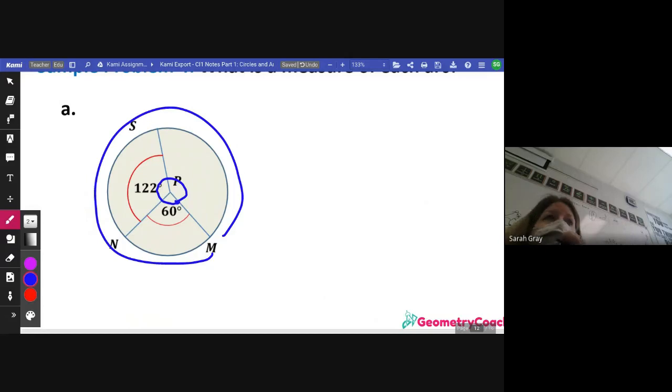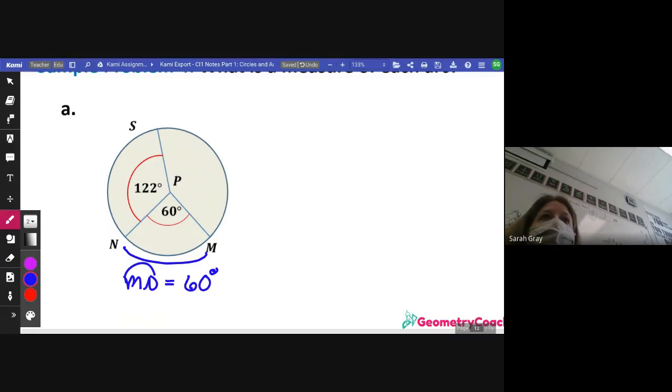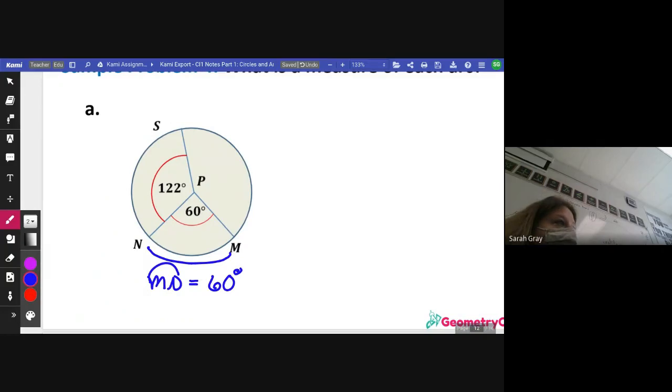So these measures from the inside angles to the arcs match. So then this arc here, arc MN, is equal to its angle measure. The arc is measuring 60 degrees because the central angle is 60 degrees. Arc SN is going to be 122 degrees because it's formed by that angle that's 122.